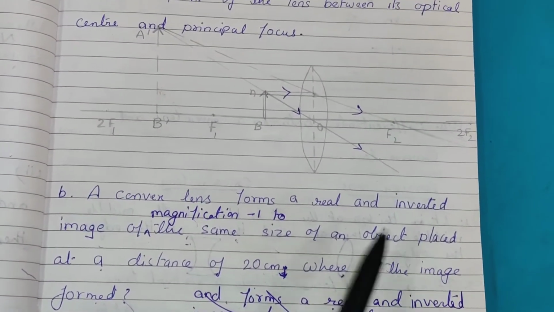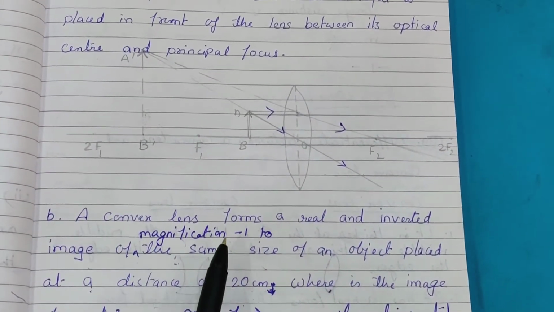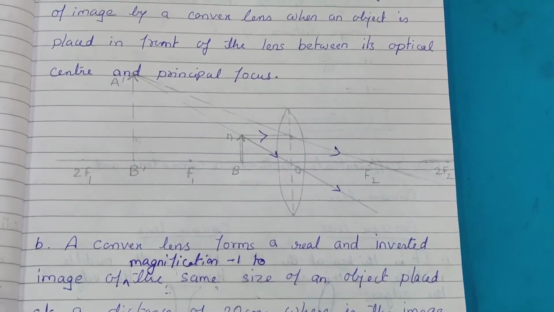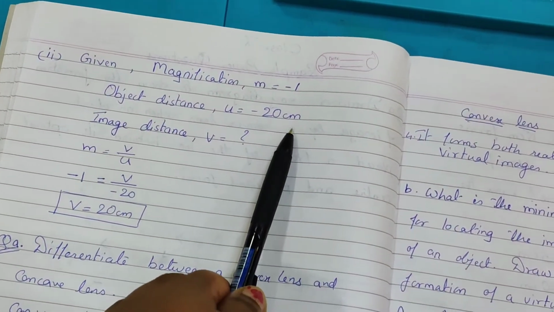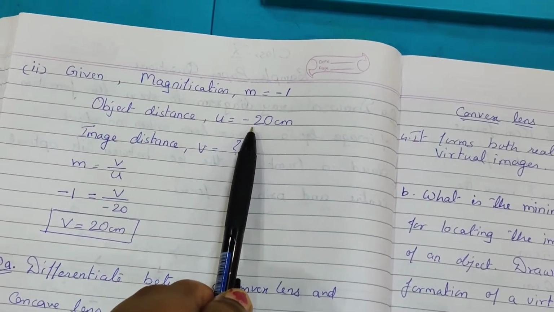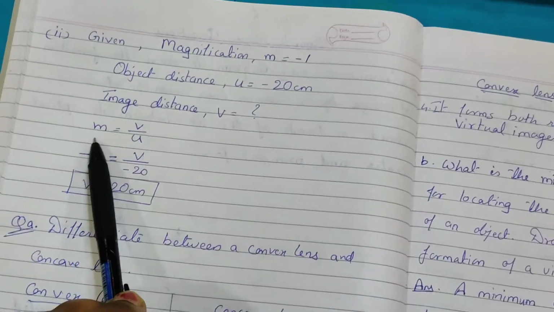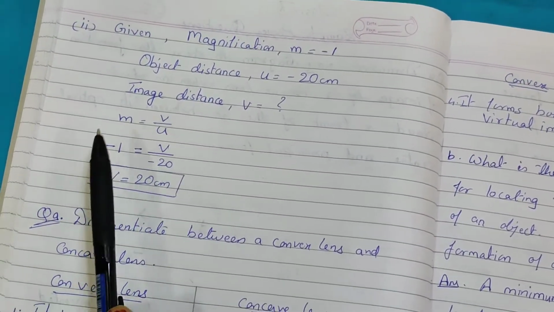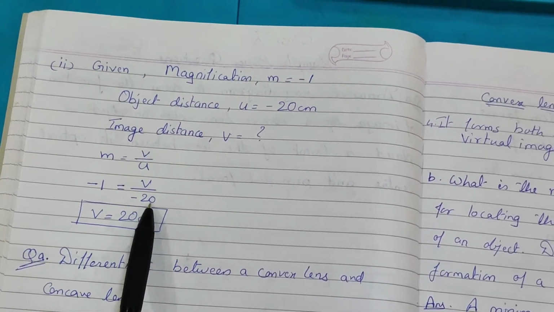We know magnification m equals v upon u. Now we have to take u. It has given 20 cm. So in front of the lens it will be -20. So m equals v upon u. Value of m is -1, so -1 equals v upon -20.